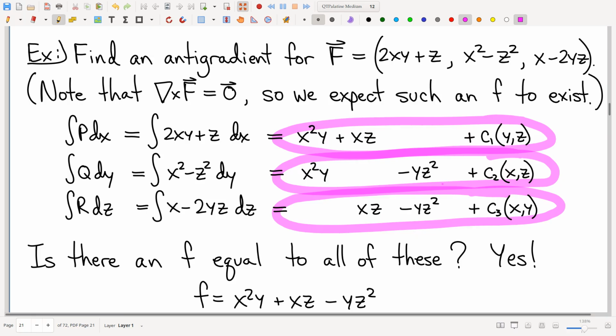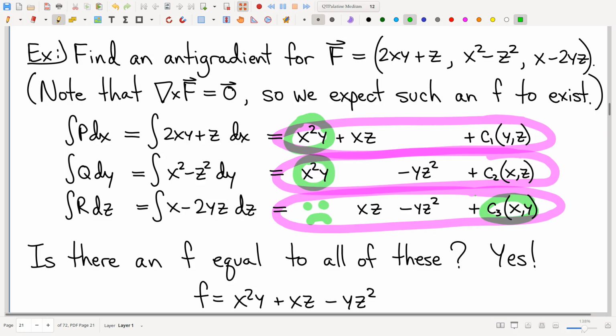Part of the reason that these functions don't look the same is because there's an x squared y in one, but I don't see any x squared y down here, and I'm not happy about the fact that apparently they're different because there is no x squared y. But you know what? I am perfectly within my rights to make C3 x squared y.